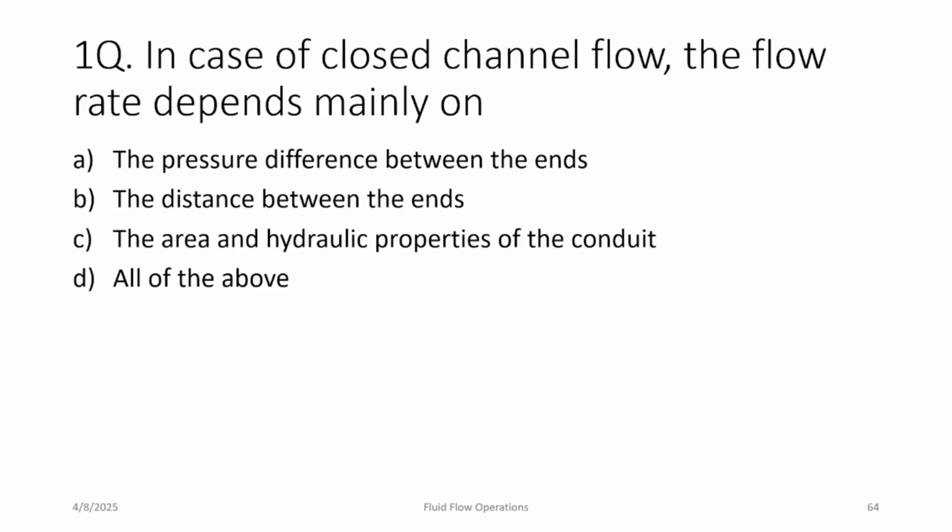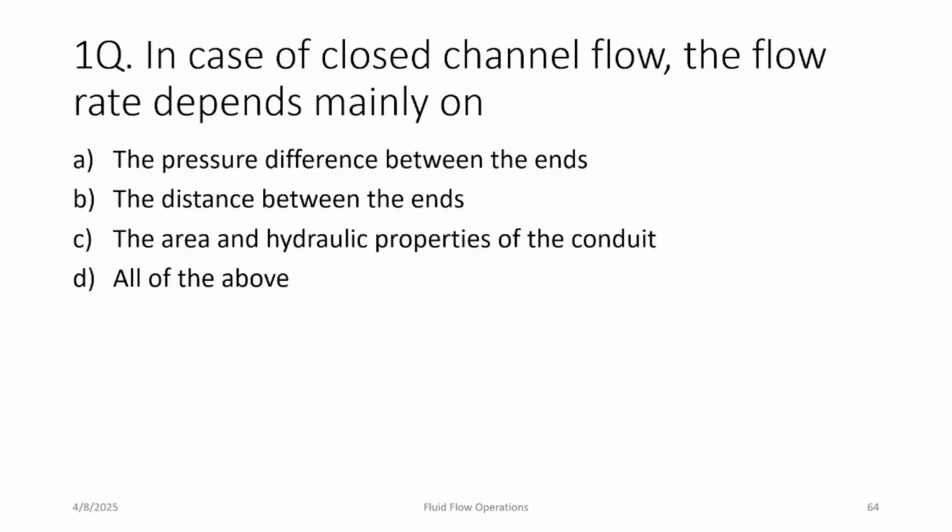So coming to the first question. In case of a closed channel flow, the flow rate depends mainly on the pressure difference between the ends, distance between the ends, the area, and hydraulic properties of the conduit. So this was discussed in the first slide, I guess. So which factors will influence the flow rate of a closed channel flow?